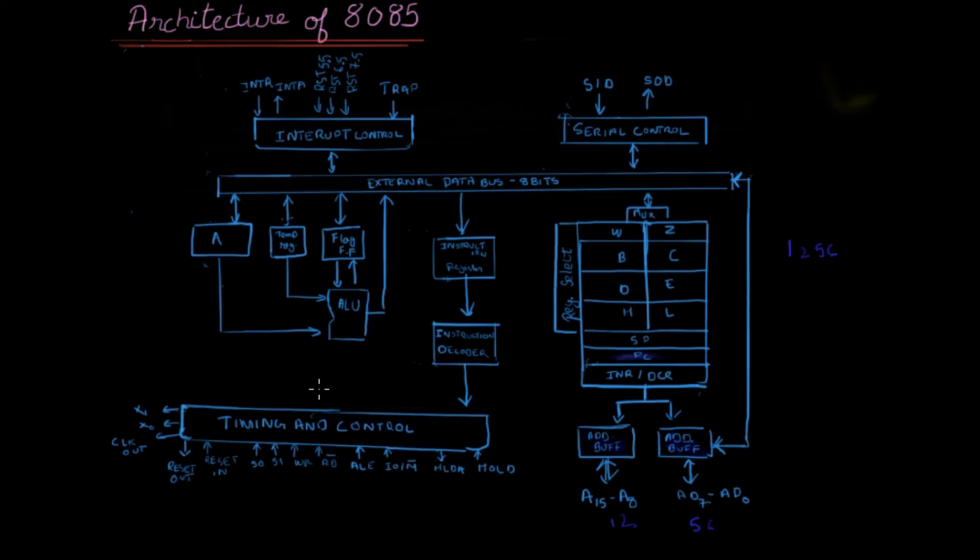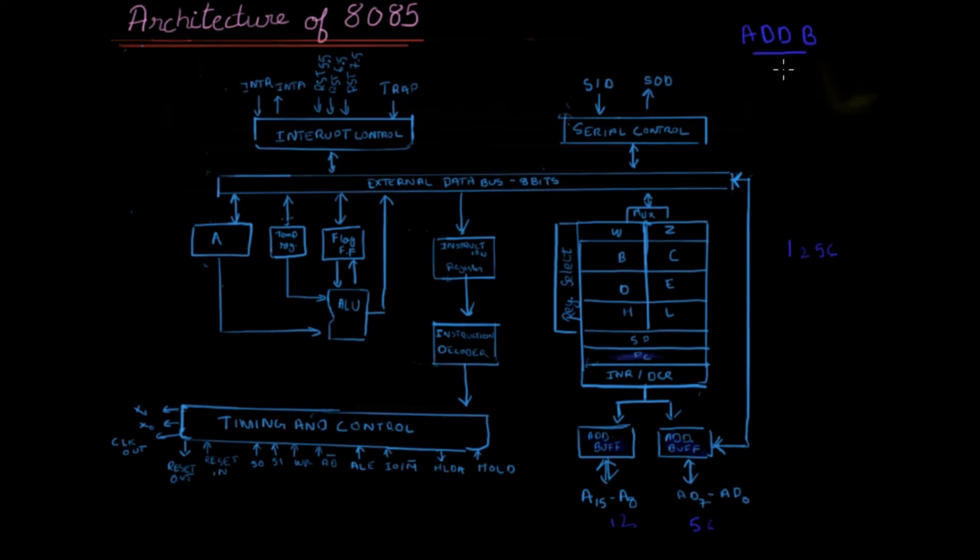Now let us come to the most important part, that is the ALU, or the arithmetic logic unit, and everything else. This can be properly explained by taking a particular example. Let us take the example where the instruction is ADD B. You guys may be familiar with a small amount of programming, or if you're not, stay tuned, I'll be releasing a set of videos on that.